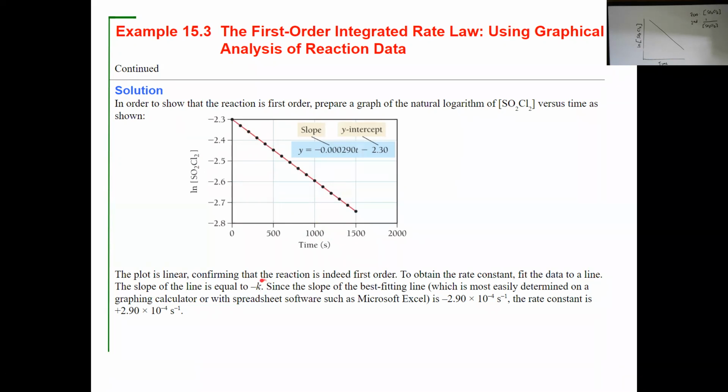So being able to solve for the slope of that line is going to give you your k value. That means that our rate constant here is going to be the positive value of this slope. So once you can plot that line and find the slope from the straight line, you're going to be able to figure out what that k value is directly. So that's easy enough, hopefully.